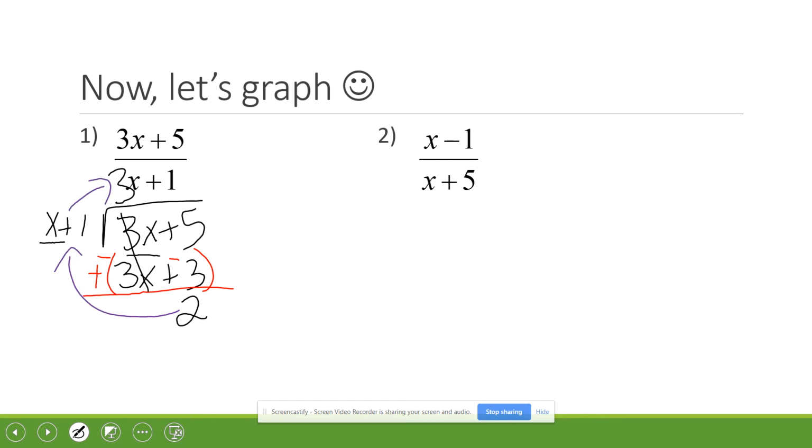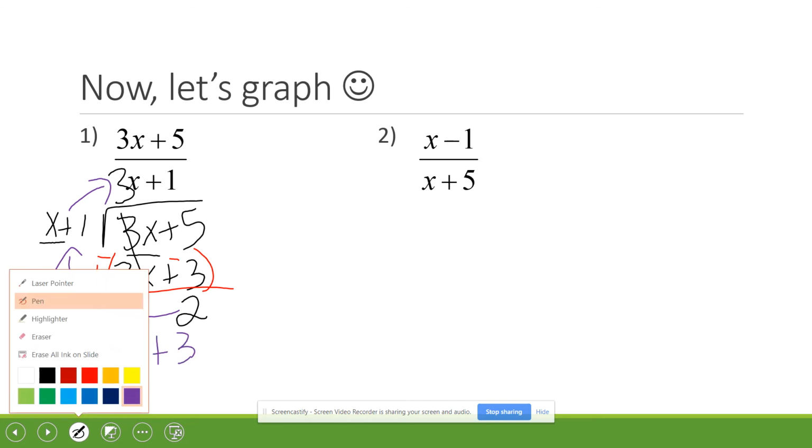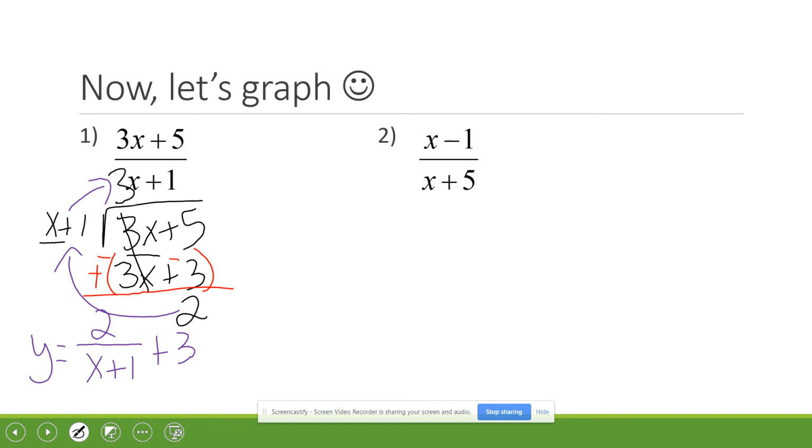Rewrite it going bottom to top, and our new equation is 2 over x plus 1 plus 3. So our vertical asymptote is at x equals negative 1.